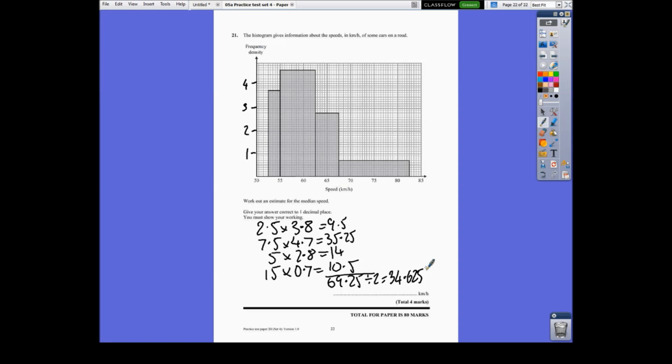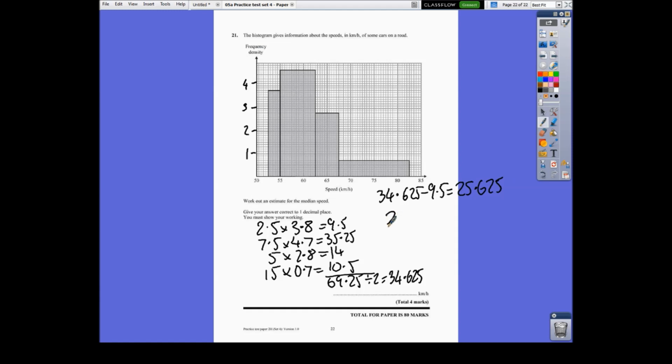So in the first bar, that represents 9.5 cars. So if we do 34.625 minus those 9.5 cars, that would mean in the second group, we need to be 25.625 cars along. Okay. Now the height of the second group is 4.7.